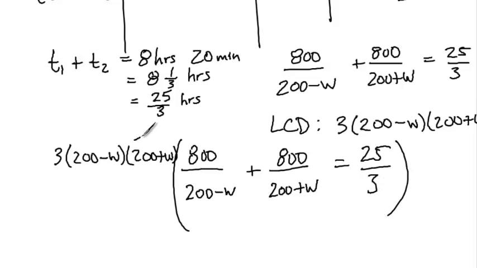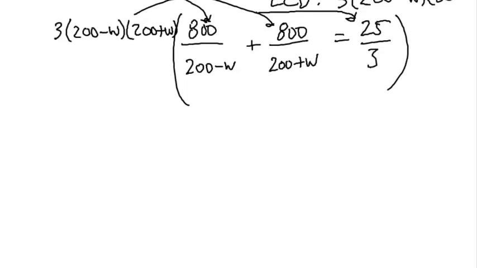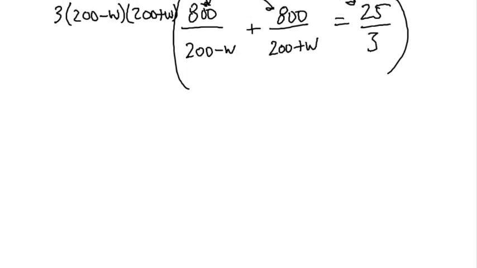Awesome. Now we're going to want to distribute this to everything. You with me still? These guys can be tricky, but if you take them step by step, it's not too bad. So when I distribute this guy to this first expression, the 200 minus W's are going to cancel out.